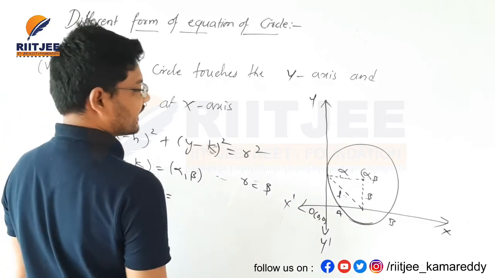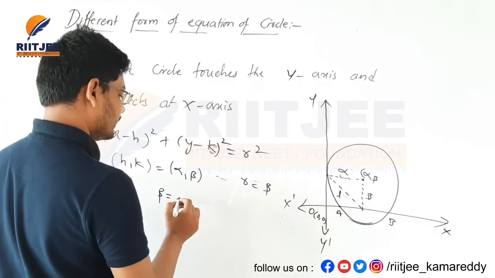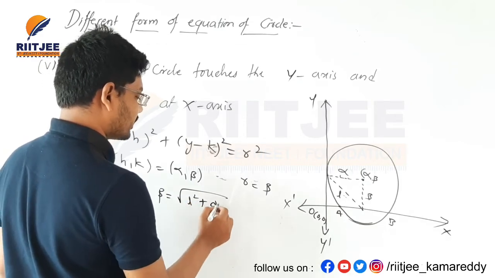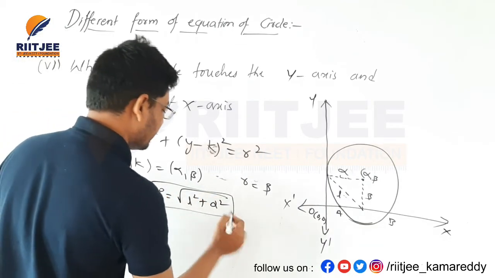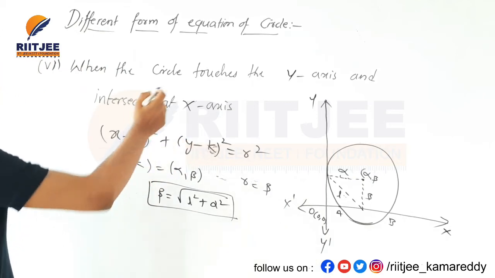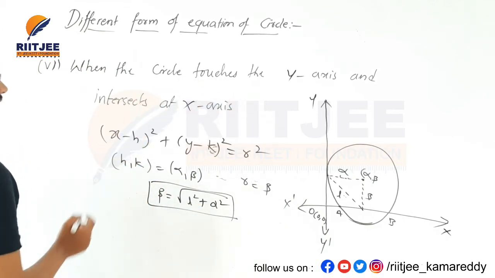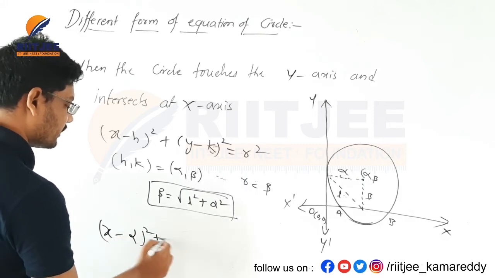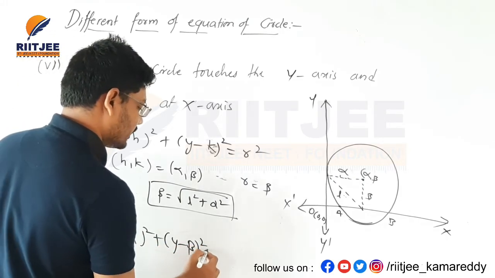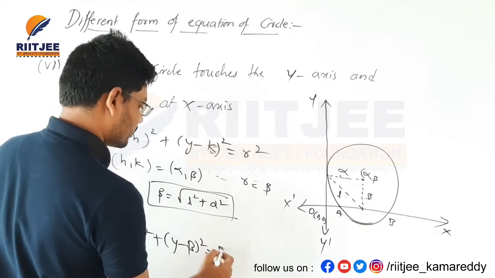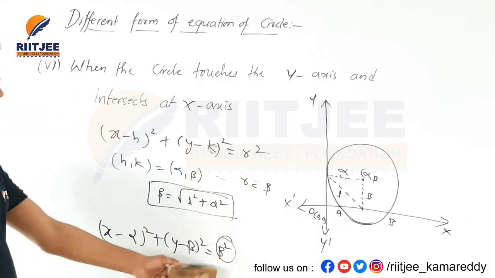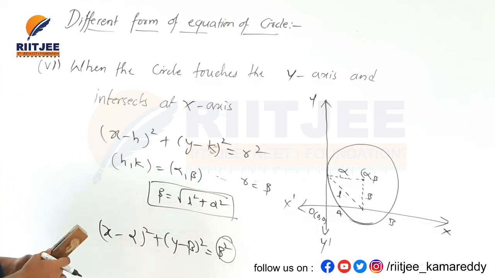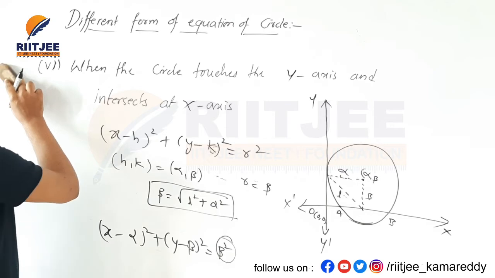Again this is a right angle triangle, so beta is the square root of L square plus alpha square. The equation of circle when it touches the y axis and intersects the x axis is x minus alpha whole square plus y minus beta whole square equal to beta square, where beta square is L square plus alpha square.